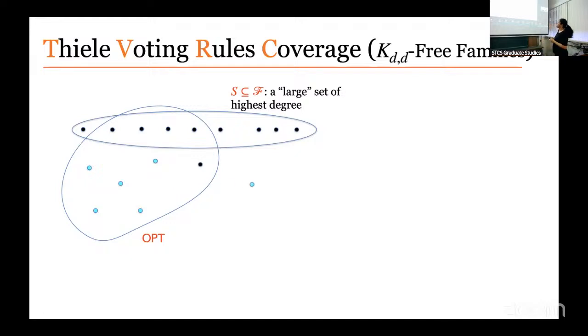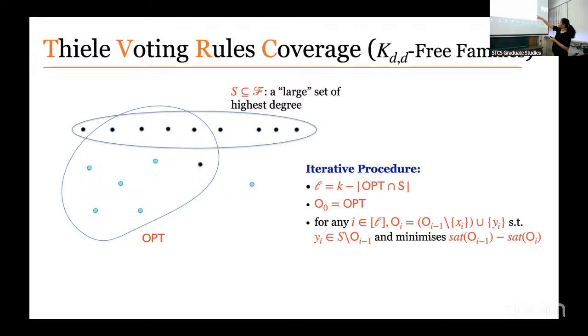So what we do is this iterative procedure. Let us say L is some value. So there is some intersection. Sorry, L is not the extra value. L is the set of vertices that are not in the intersection. So we just delete a vertex.